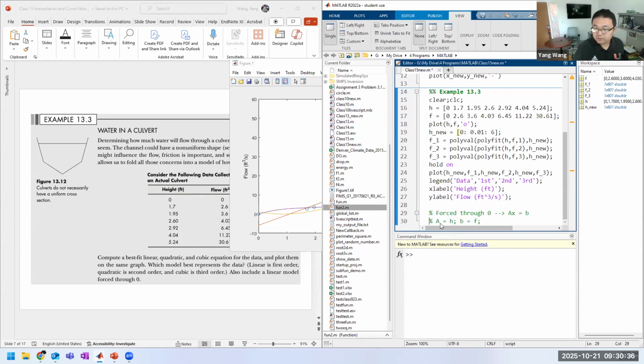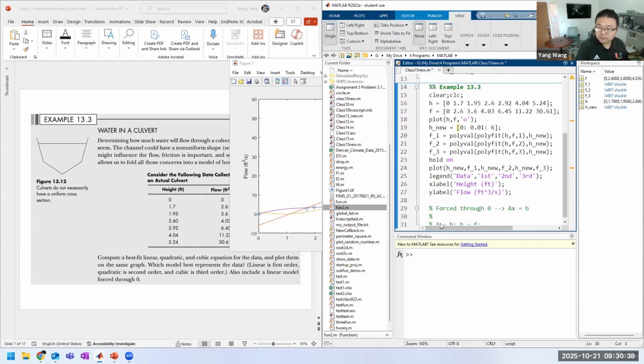Because eventually for this equation, if we expand it, I think it's not so clear if we represent it in this way.